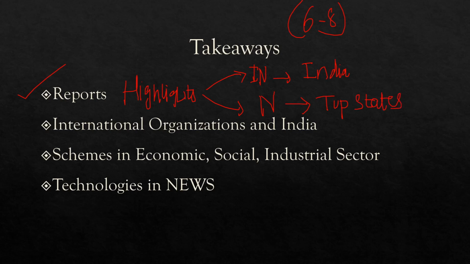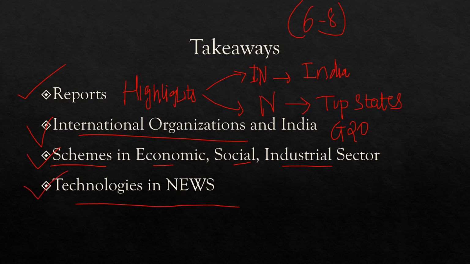So this is how you need to know highlights about different reports. Next is different international organizations and India's position in it. Any schemes that are in these three domains: economic, social and industrial. I have already told you in the first slide, these three domains are very important for us while studying current affairs. And the next thing is technologies in news.